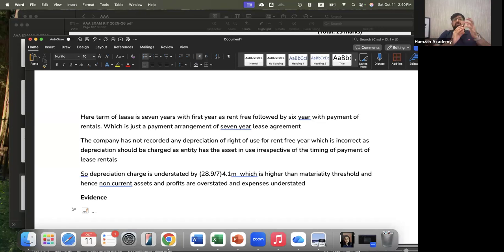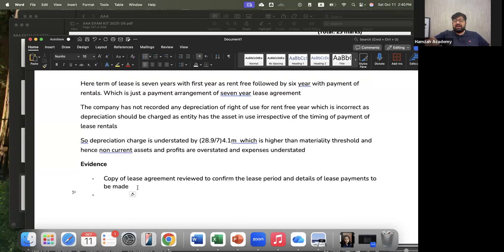Reviewed for lease terms, lease periods, payments. This is evidence: a tangible item present in the audit file, reviewed to confirm.